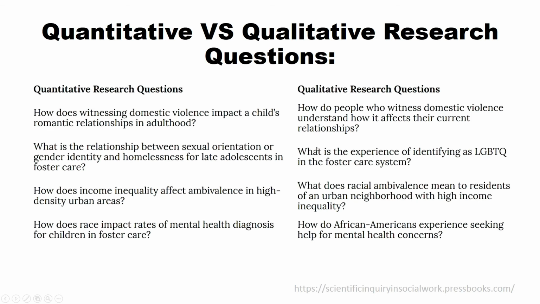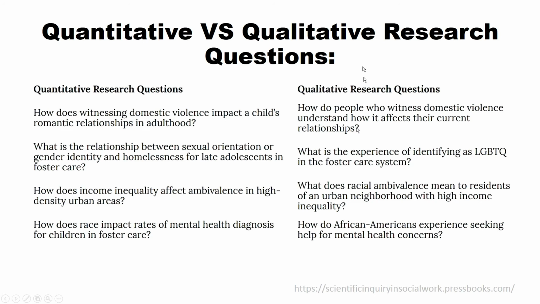However, here, yung focus ng qualitative, nagtatanong lang siya about the experience of identifying as LGBTQ ba yun, yung mga bata in the foster care system. Okay? So, and also the third one, it uses the word effect. So, of course, it tells us about cause and effect situation, which is already quantitative in nature.